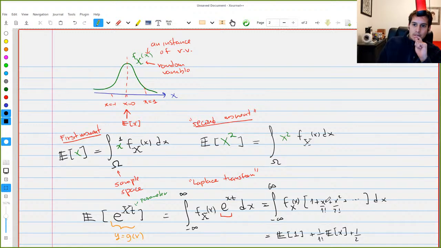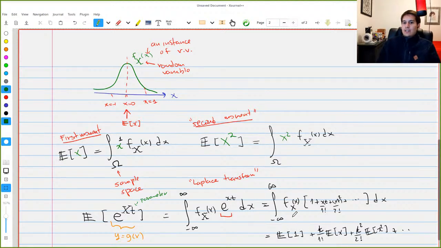I forgot to put a t here. So you obtain t squared over 2 factorial times the expected value of x squared, and so on.